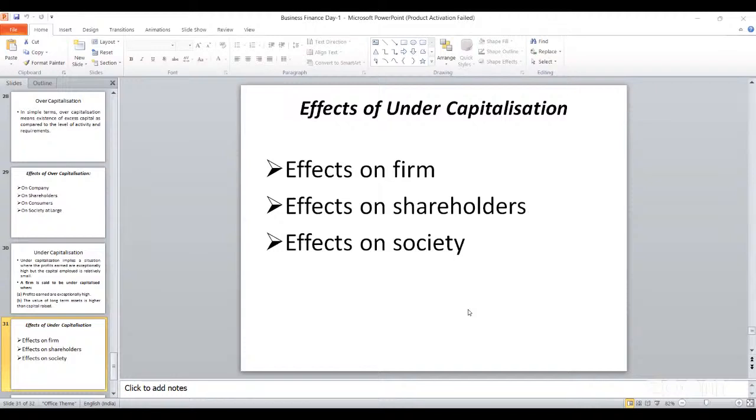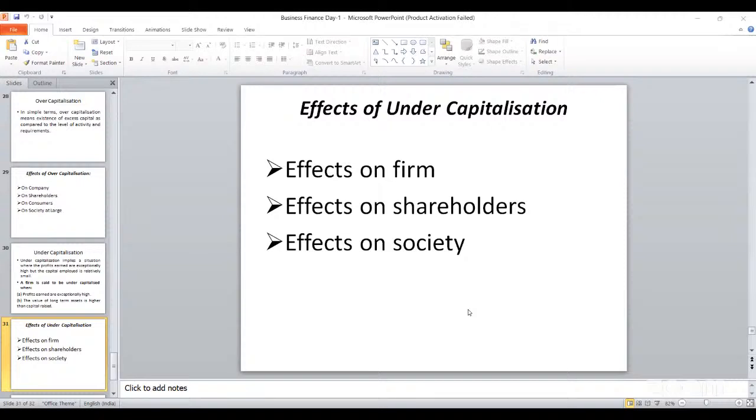Here also, in order to avoid undercapitalization, we have certain remedies. What are the remedies? If you are increasing the number of equity shares by revising the value of assets, this will decrease your rate of earnings. Sometimes the retained earnings that you are issuing as dividends to your shareholders will reduce the rate of your earnings per share without reducing the total earnings of your company.